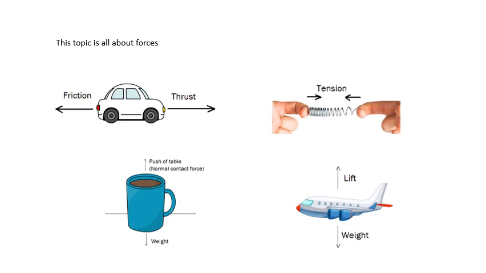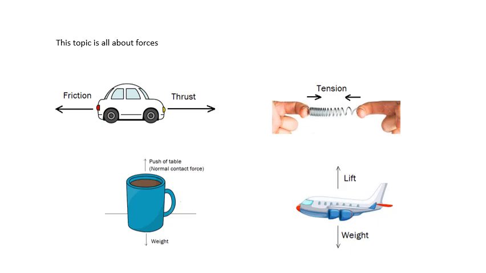Bottom left, if we put a cup on a table, then there's the weight of the cup pulling downwards. Weight always acts towards the center of the earth. Weight is basically the gravity due to the earth attracting objects with mass. So weight attracts downwards, it's pulling the cup downwards. What's stopping the cup going downwards is the push of the table.